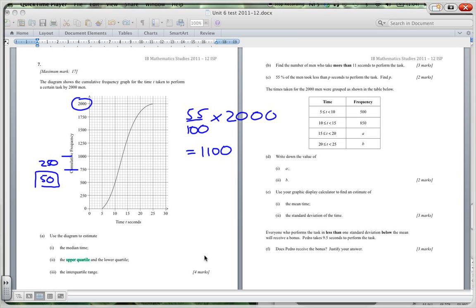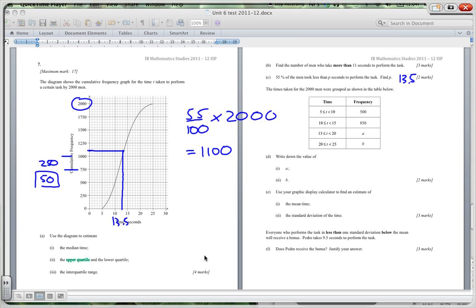So each block is 50, so 1,100 is going to be that value over there. So I go across there and then drop down, and it's about halfway between 13 and 14, which is 13.5. So that's your p value, 13.5.